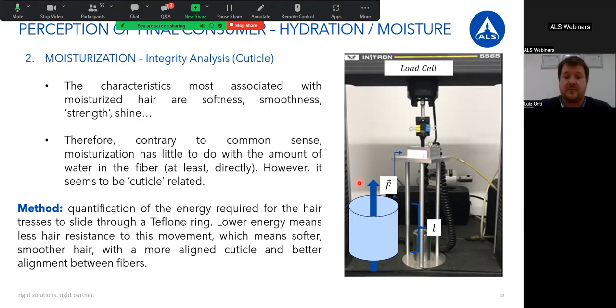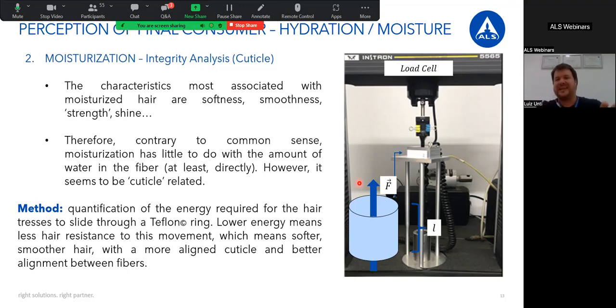So if we have more aligned fibers and more aligned cuticles, we will need a lower energy, a lower force to pull the truss. With this, we can show that the hair has a higher moisture, a higher softness, a higher smoothness. So instead of analyzing the water inside the hair, we are analyzing the state of the cuticle.